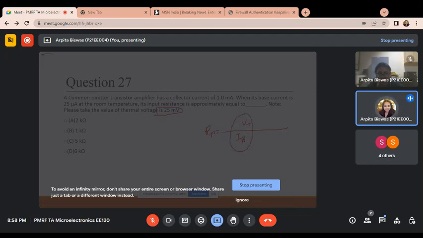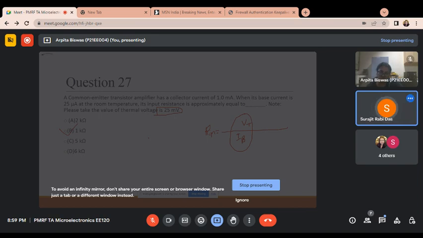So we can get this one. Just take the simple equation, VT by IB. Saurabh? Also we can find it by using the gm concept, no?